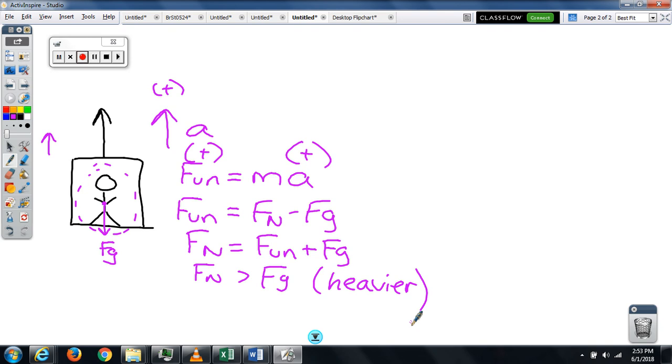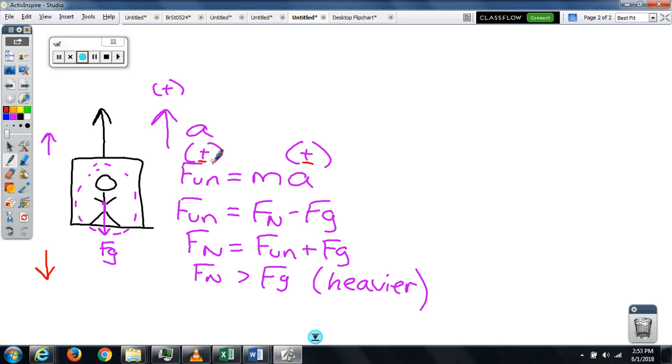If we were descending with a constant acceleration, so we were picking up speed as we were going down, then you need a net force that's downward. So this would be negative, and this would be negative.